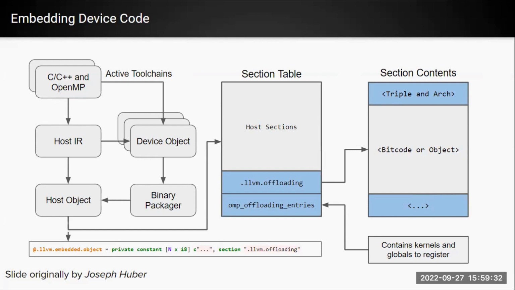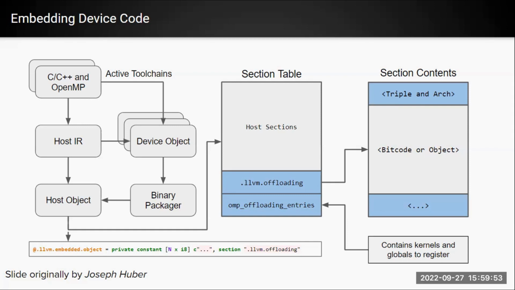For each of them, we create a device object. Then we pack that in the host object, into some funny global variable, which is just a binary blob, a lot of bytes, in a specific section of the object file, the offloading section. That way we find it later.